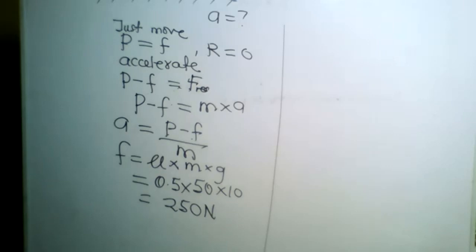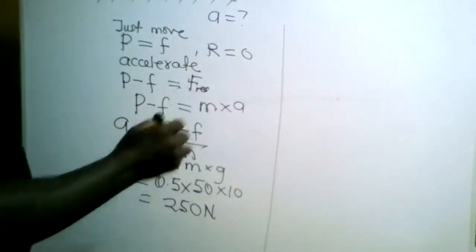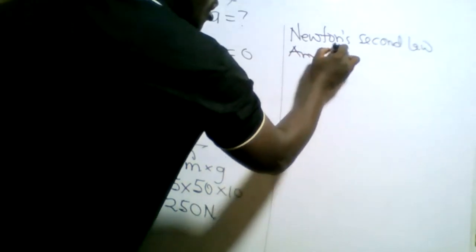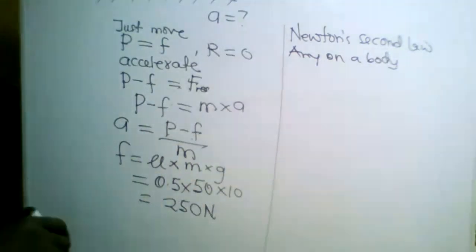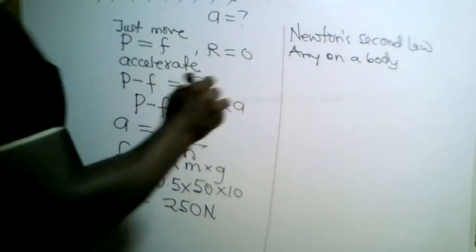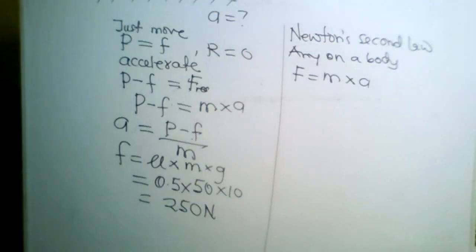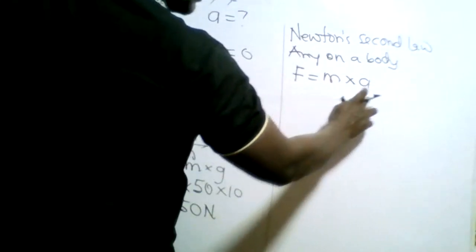You said from the P minus F equals M times A. Newton's second law of motion says that any force on a moving body is the product of the mass and the acceleration of the body.